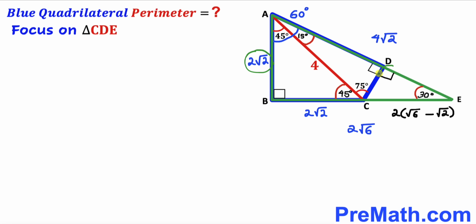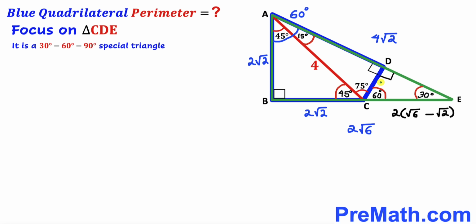We know this angle is a 90 degrees angle, this angle is a 30 degrees angle. So therefore we conclude that this angle has got to be a 60 degrees angle. So therefore we conclude that this triangle CDE is our 30, 60, 90 special triangle. And we know that this CE is our longest leg, whereas this side CD is our smallest leg.